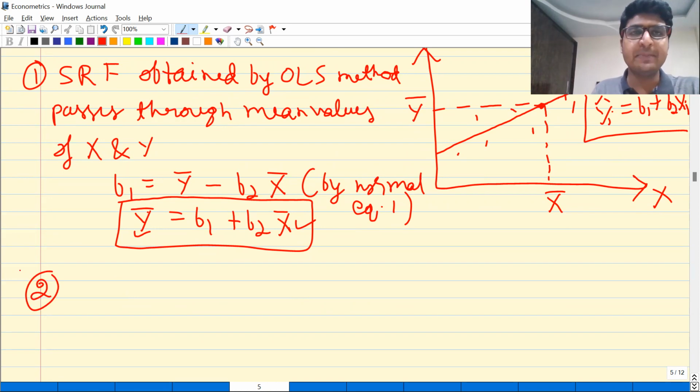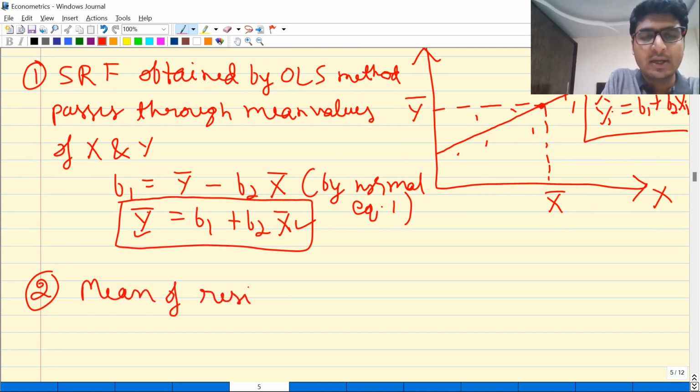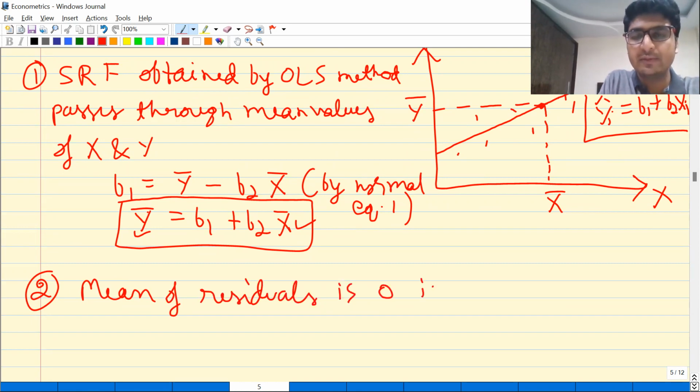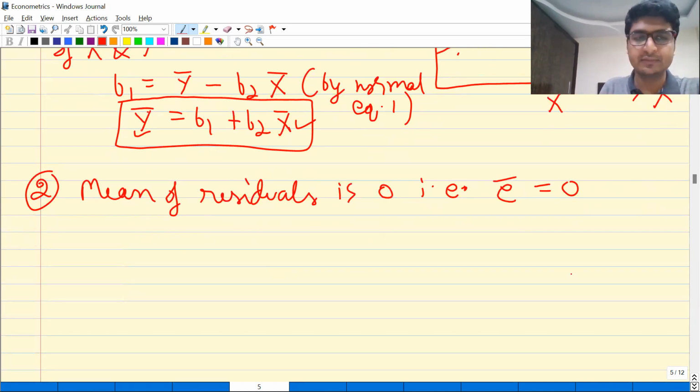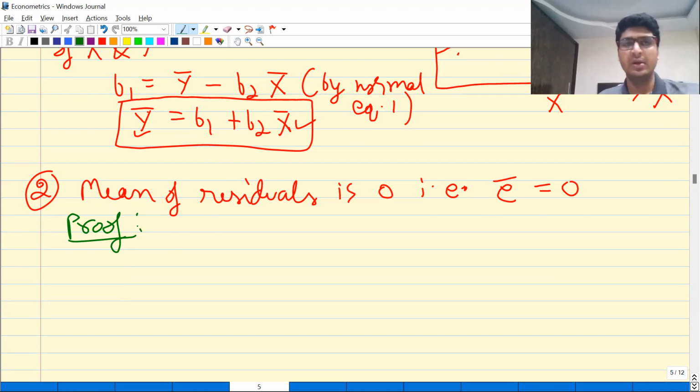Second property is that the mean of residuals is 0, and this time I'm talking about sample errors. Mean of residuals is 0, that is e bar is equal to 0. प्रूफ देखते हैं इसका.